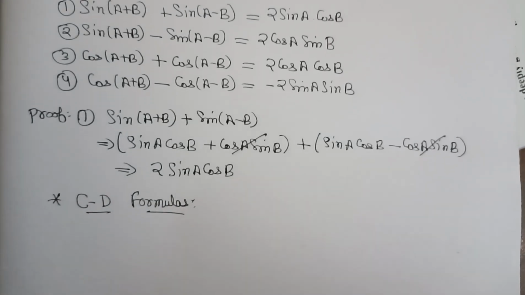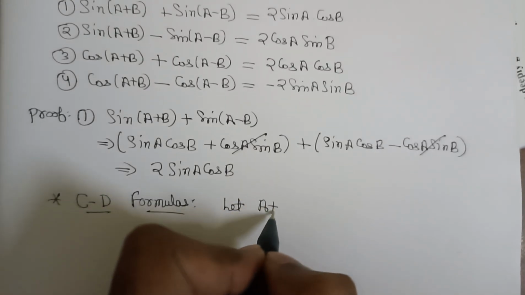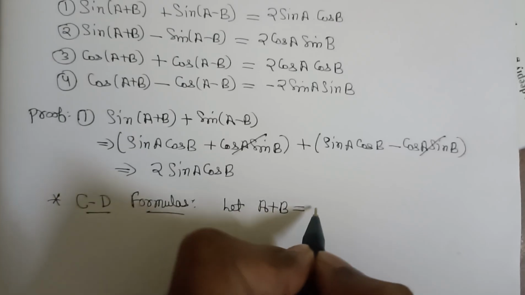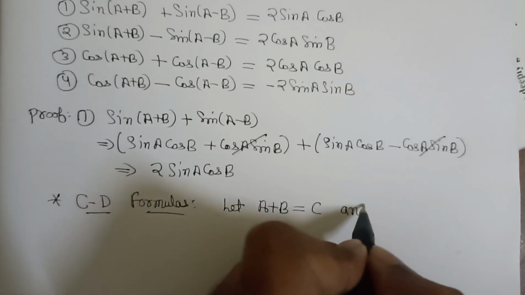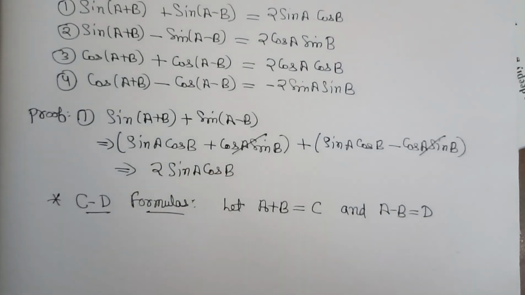For the CD formulas, first of all you have to assume that a plus b is equal to c and a minus b is equal to d.